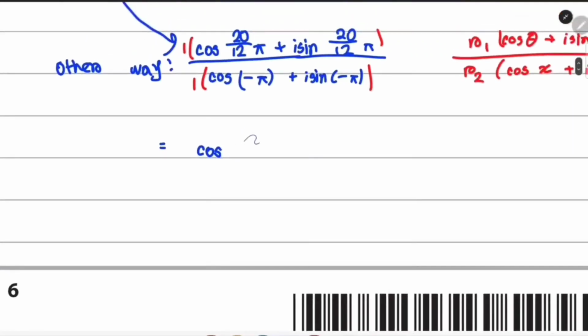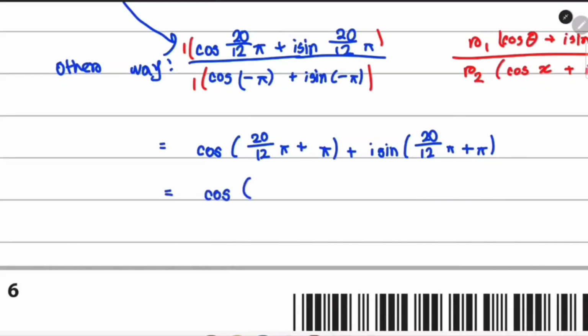So this would have been cos 20 by 12 pi plus pi plus i sine 20 by 12 pi plus pi.